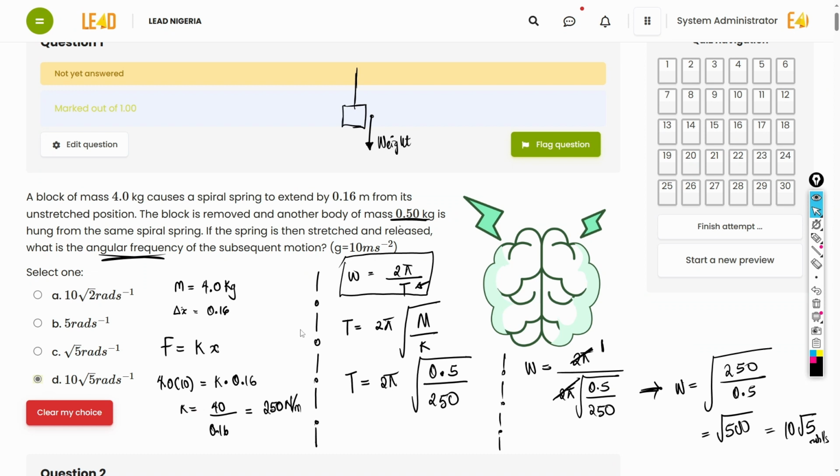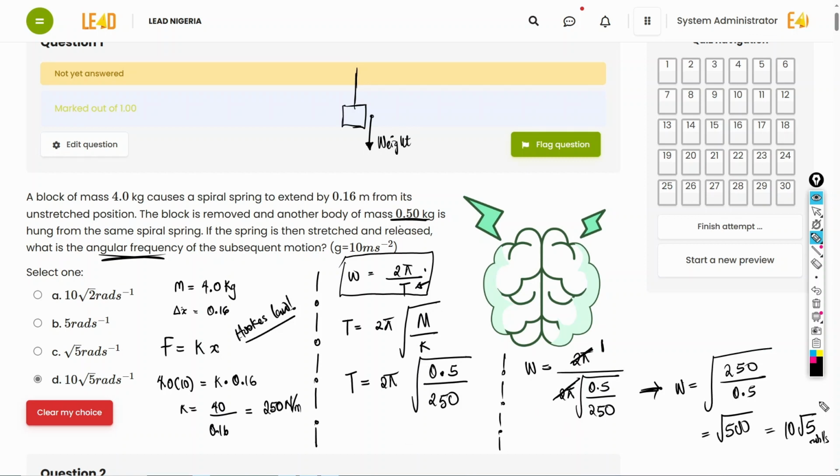So again, the process is quite interesting, right? At the end of the day, we had to use this formula, so that means we had to find our force constant. So we went back to the first scenario that was given to us, and then we used Hooke's law. This is actually Hooke's law, right? So we use Hooke's law to find the force constant, and we're able to plug that in and solve all the way down.